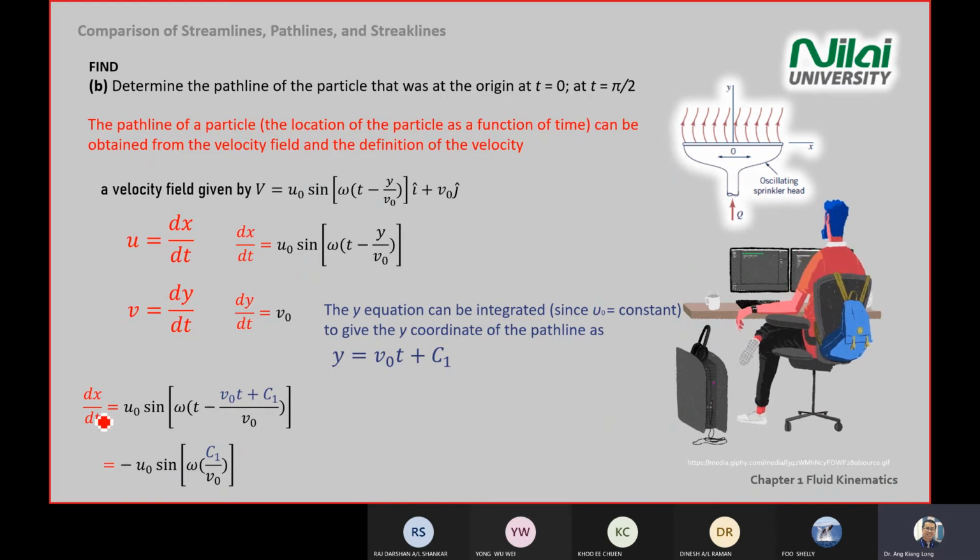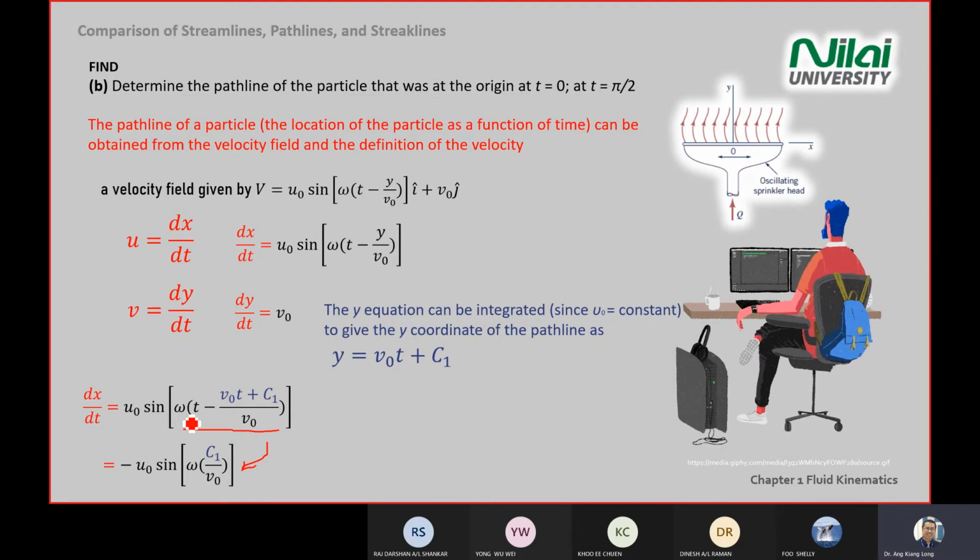So dx over dt equal to u naught sine omega something. You can rewrite it as u naught sine omega c1 over v naught, because you can cancel out. Once you simplify this equation, it looks complex, but every time you simplify things, it reduces to a simpler equation.